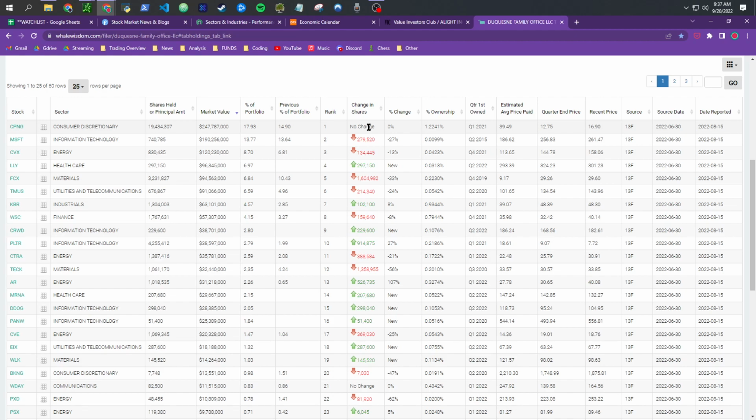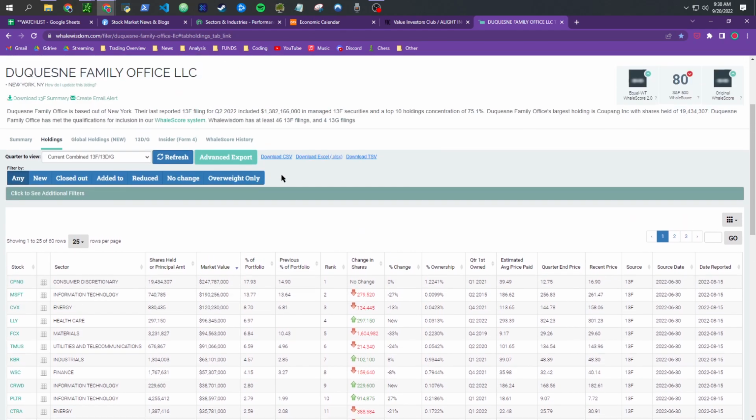But Stanley Druckenmiller's loaded up on them, and I believe he's just been adding, except this last quarter, and it's 18% of his portfolio. Mainly because of that, I did look into the company a bit, but I want to say like 51% of the reason I added Coupang to my portfolio was because Stanley Druckenmiller's in it.